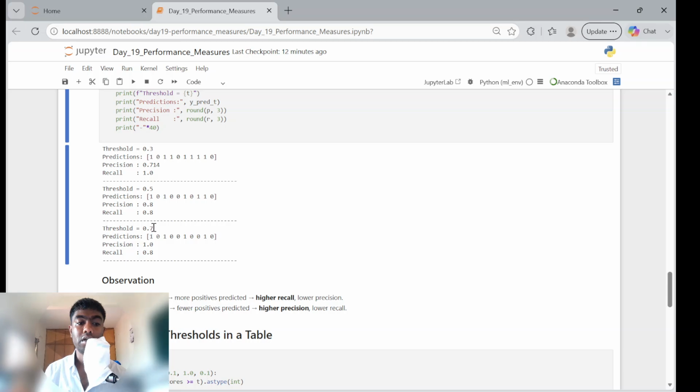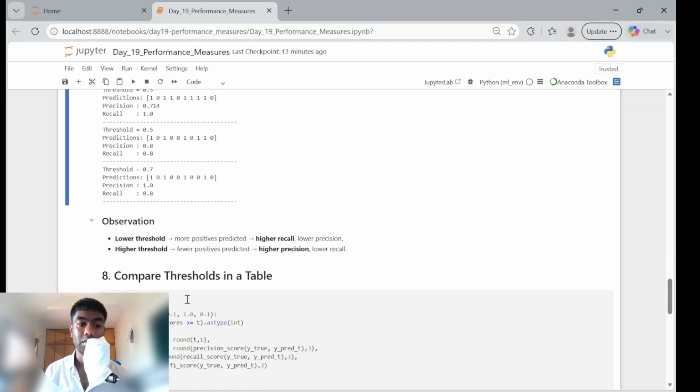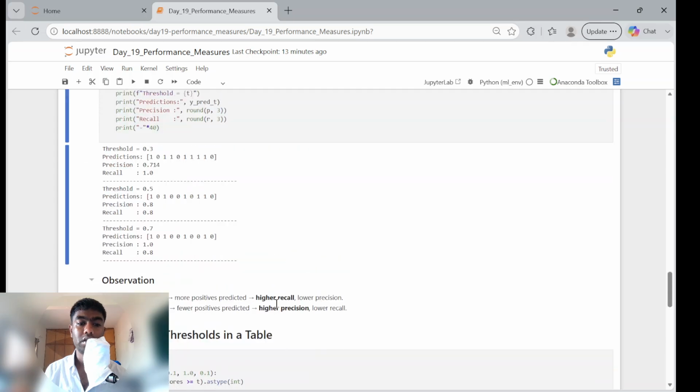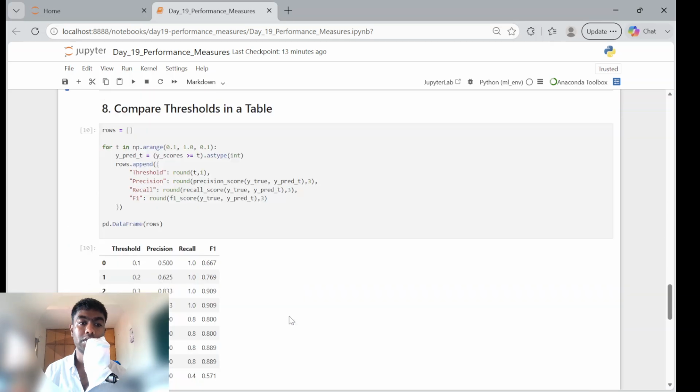For example, you see here 0.7 being a higher threshold than 0.3, and precision also increasing, right? So that's one thing to observe. Lower threshold means higher recall, and higher threshold means fewer positives predicted, right? So that's one thing to understand.